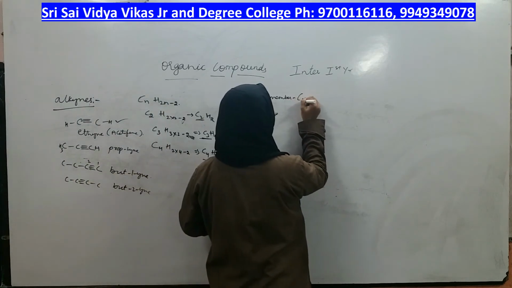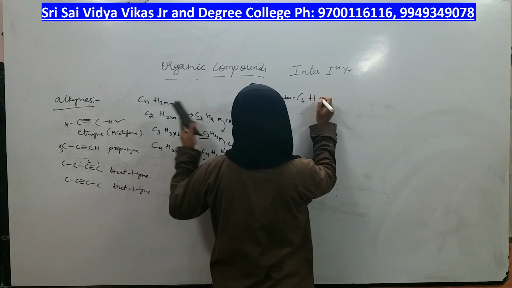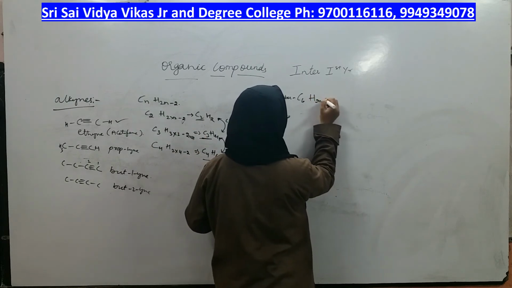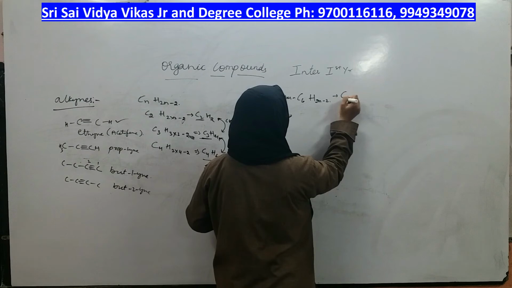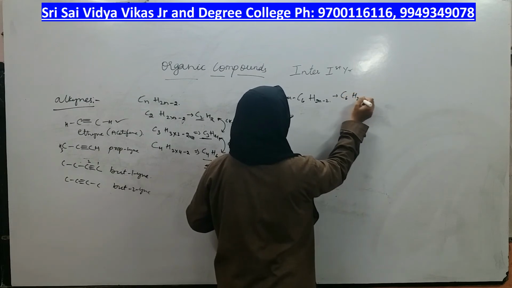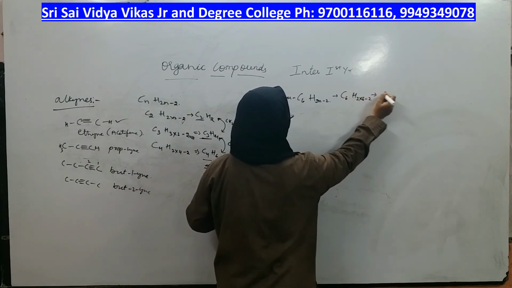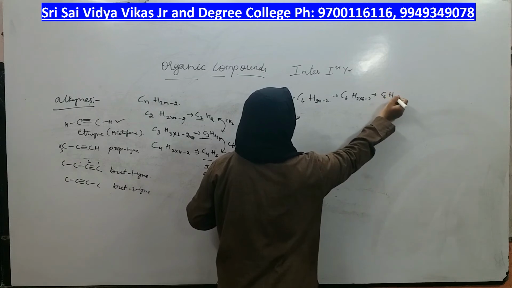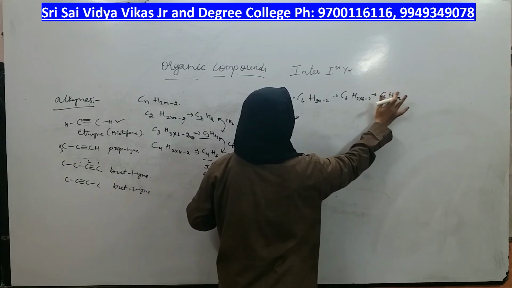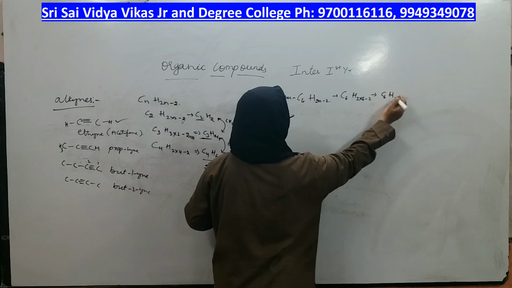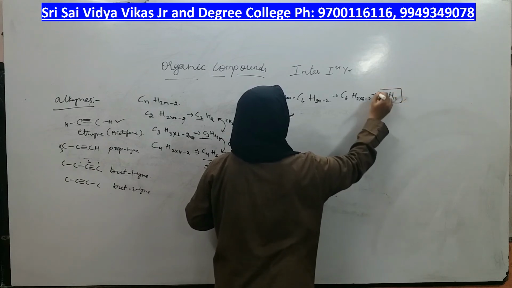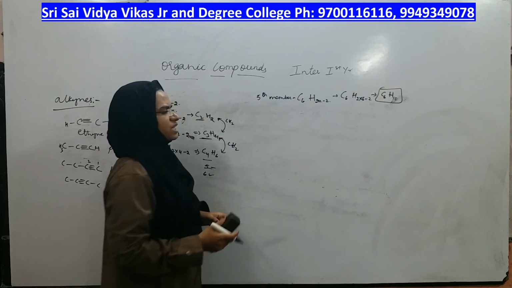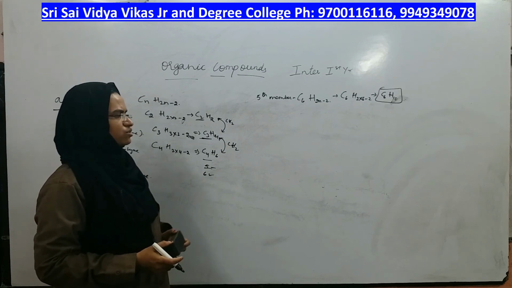The general formula for alkyne is CnH2n minus 2. For 6 carbons, H is 2 into 6 minus 2, C6H12 minus 2, which means C6H10. For this molecular formula, let us take all the structural isomers.